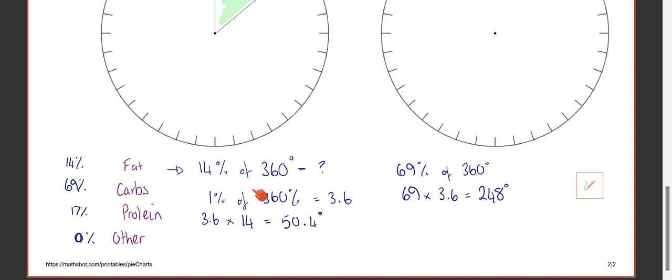She determined that 1% is 3.6 because you can do that nice and easy by dividing by 100. So 360 degrees divided by 100 is 3.6, and that's 1%. And when I know 1%, I can use that for all of them, can't I?